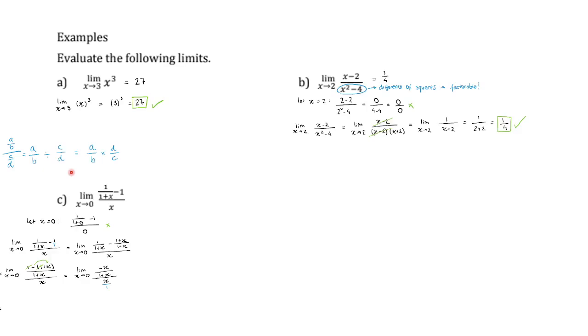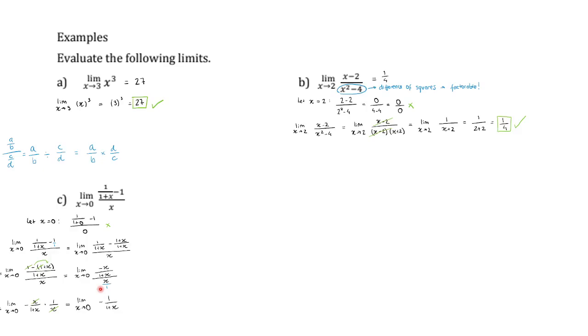So we are going to keep the fraction in the numerator, which is negative x over 1 plus x. We turn the division into multiplication, and then we flip the fraction in the denominator. Here we can see that we are able to cancel out those x's, and that is going to leave us with the limit as x approaches 0 of negative 1 over 1 plus x.